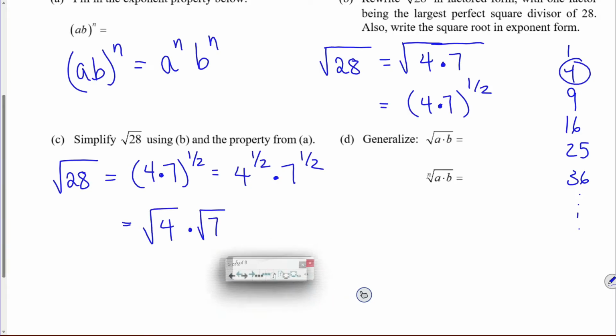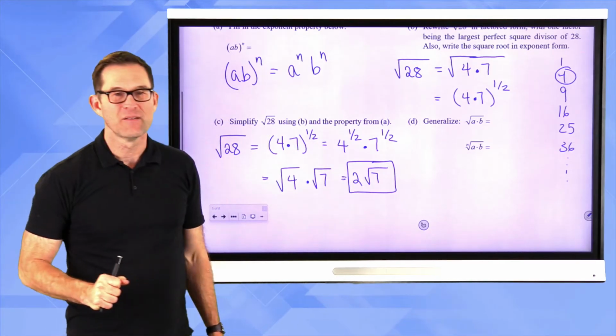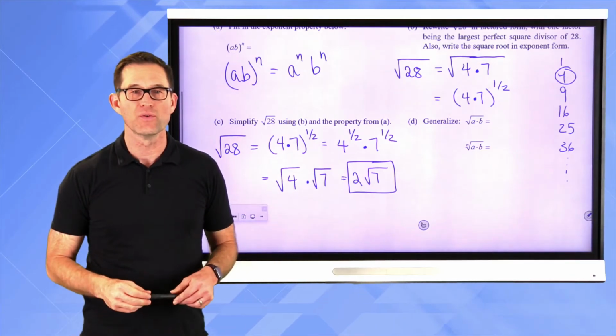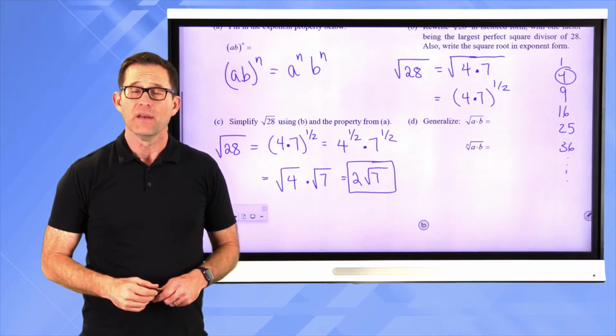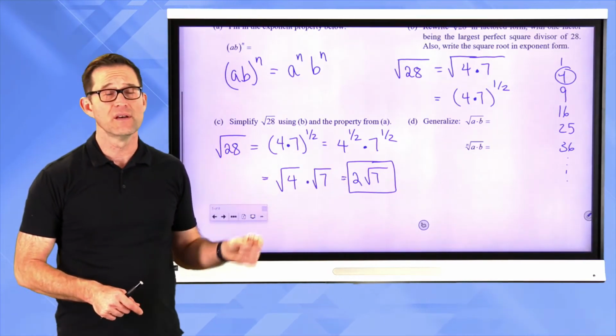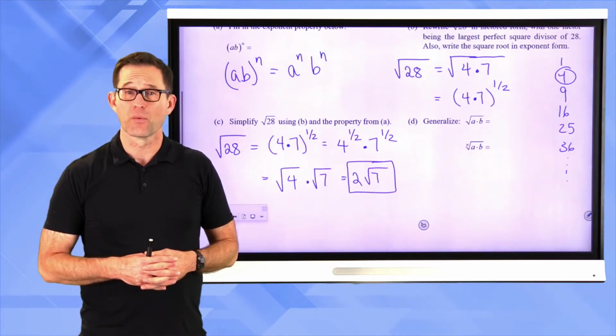Now there's nothing I can do with the square root of 7, but I can make the square root of 4 into 2. So we say that the square root of 28 is now simplified into 2 times the square root of 7. Now you might disagree that this is a simpler form than the original, but that is technically what it means to simplify a square root.